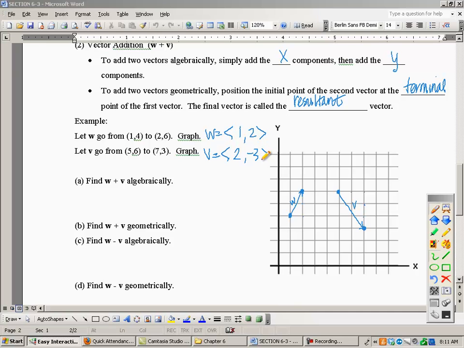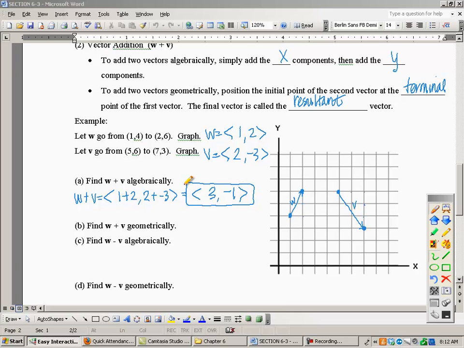Okay, and again, be careful because you always start from your initial and go to your terminal. Okay, so algebraically we add them together. So W plus V, we're going to add our x's, so 1 plus 2, add our y's, 2 plus negative 3, and my resultant vector is 3, negative 1.